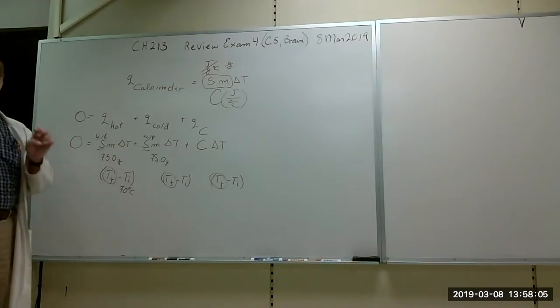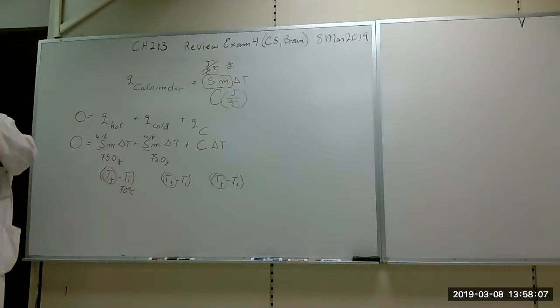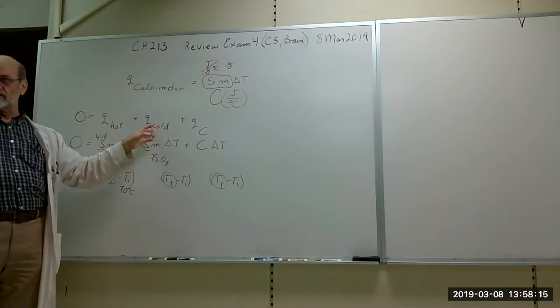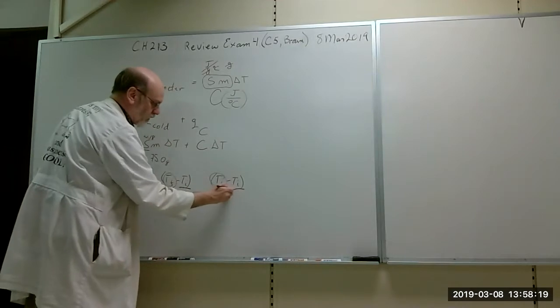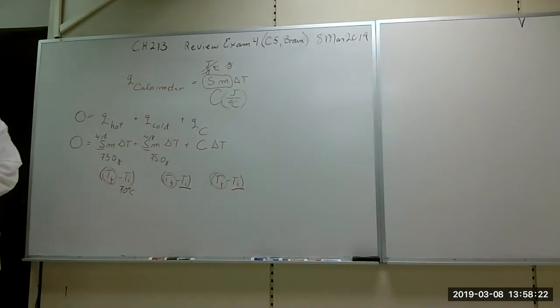But then you measure the temperature of the water in your calorimeter and watch it until it settles, so it stops moving. Okay, that's the initial temperature for the cold. That's the initial temperature for this one and for that one, because they're together.